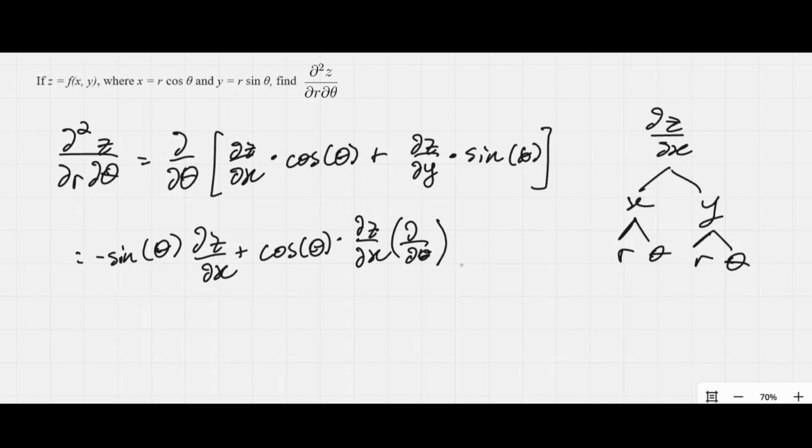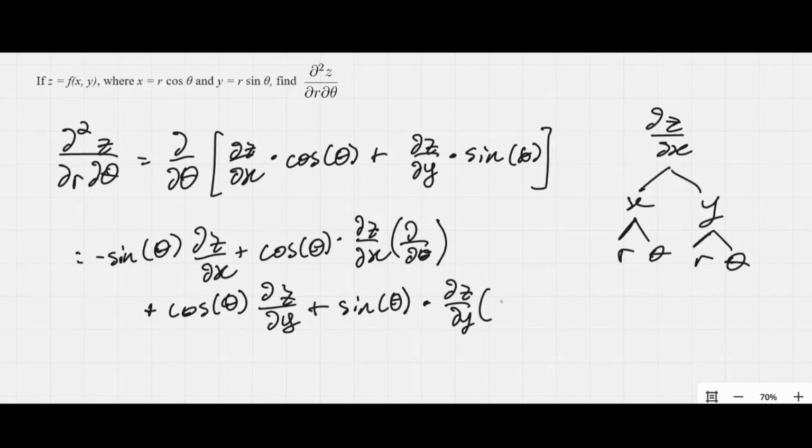We're going to do the same thing with the second term. The derivative with respect to theta of sine theta is cosine theta, and we multiply that by del z del y. That's added to the original sine theta multiplied by del z del y times the partial with respect to theta. So we have that basic setup over here.